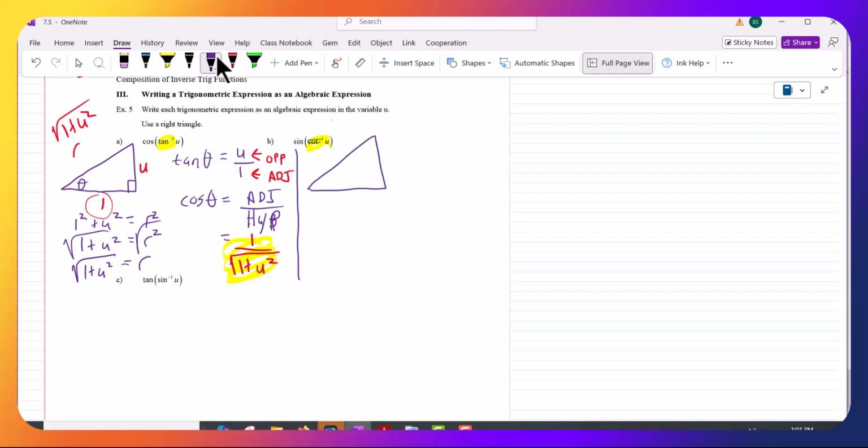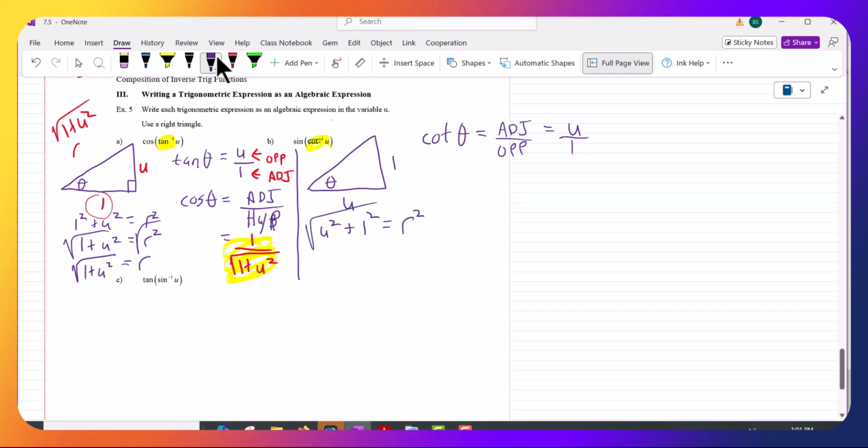Okay, we'll have theta, and the inverse cotangent really means cotangent of theta, and that is equal to adjacent over opposite, and that is equal to u, and I'm going to put the u over 1. So in your triangle, the adjacent would be u, the opposite would be 1, and then you'd have to do the same thing. You'd do the Pythagorean theorem. You'd have u squared plus 1 squared equals r squared.